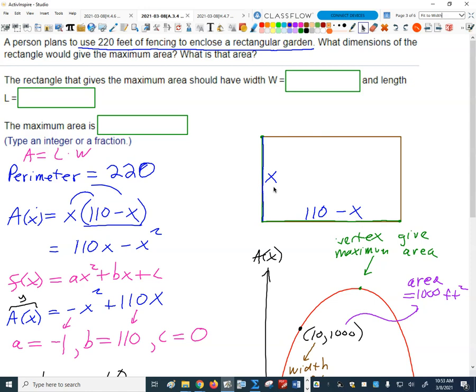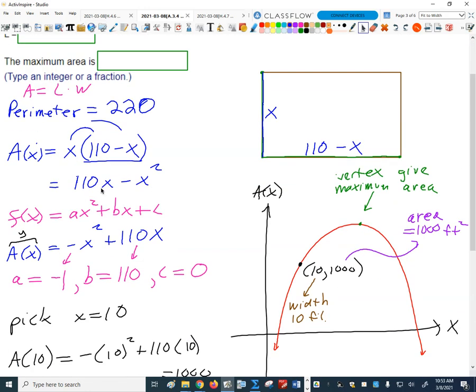And so when I multiplied those together, the width times the length, x times 110 minus x, I got 110x minus x squared. We could recognize that's a quadratic function in standard form if I just write it a little differently.